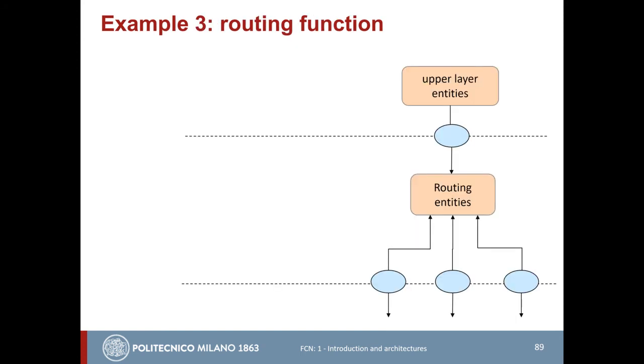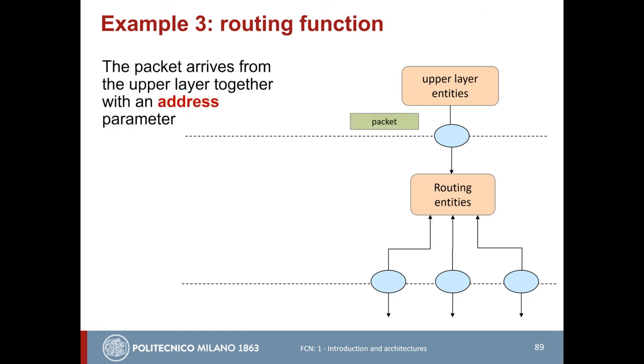Last, the routing function. Maybe it's easier to understand. Imagine that the packet arrives at an entity from the upper layers, and again we have this situation where we have multiple service access points from one layer to another layer.